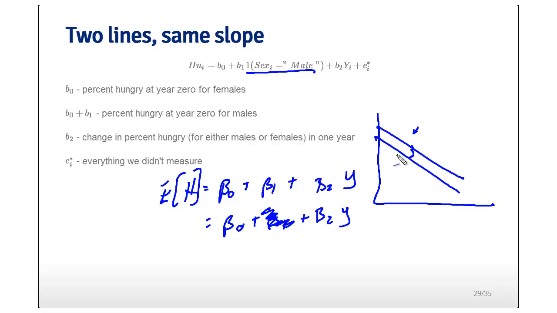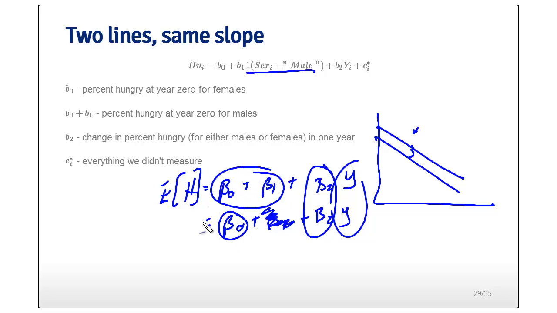What this is saying is that there's a line for males and a line for females, and they share the same slope with respect to year. However, there's a different intercept. Males have this intercept and females have that intercept. And if you were to subtract the two, the difference in the intercepts is beta 1.